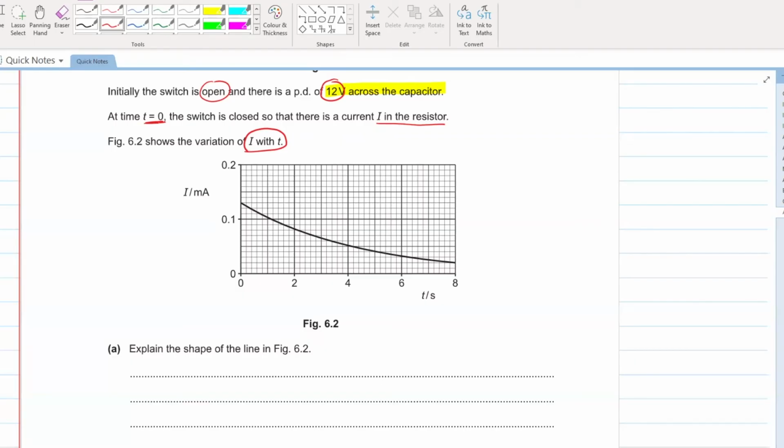Yeah, that's a property of the graph. Very ambiguous answers here. I can see 2 to 3 good answers. You have to explain why this is a decreasing curve and why this curve is decreasing in the first place.